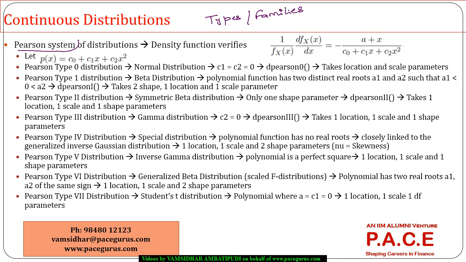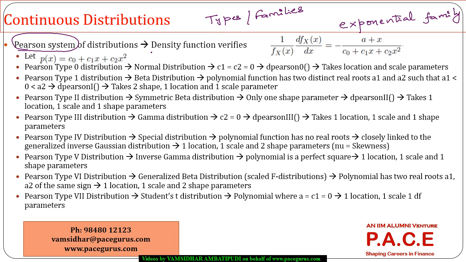One, we call the Pearson system of distributions, right? And the other one we typically call the exponential family of distributions. Of course, there is some level of overlap, with some distributions falling into both the categories.